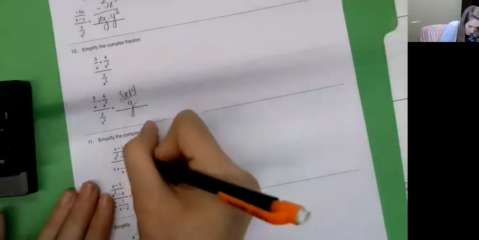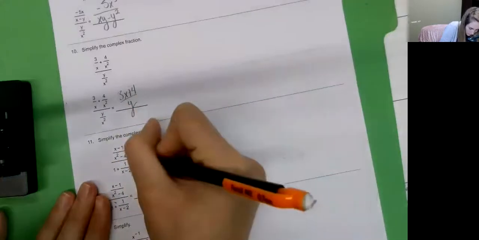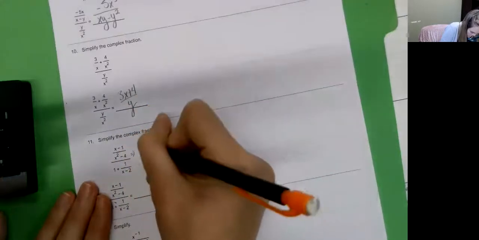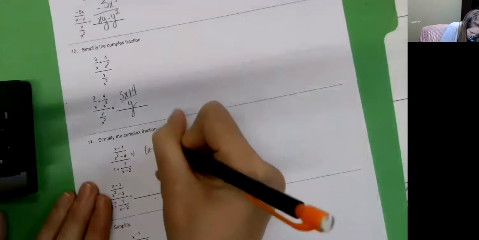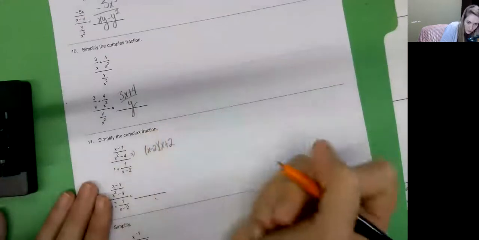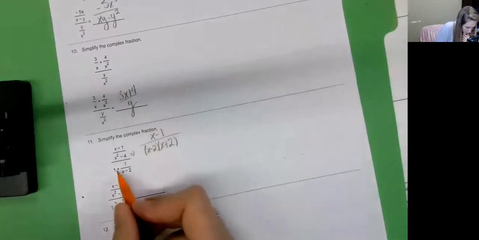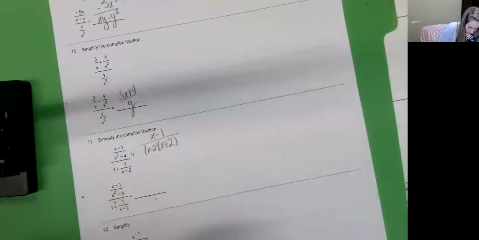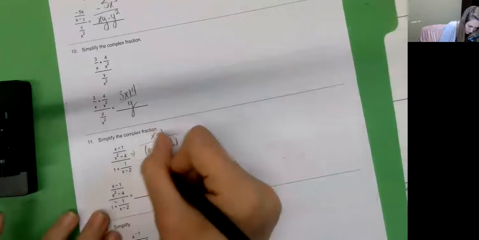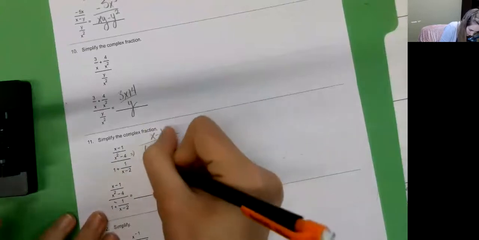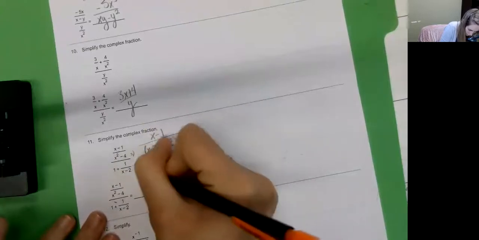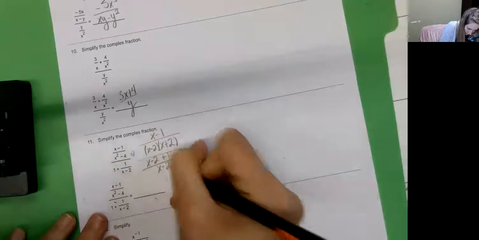Here, this is the difference of two squares, so this is x minus 2 times x plus 2. Right here, we have 1 on the outside, so you have to multiply that 1 by x minus 2. So we'd have x subtract 2 plus 1 over x subtract 2.